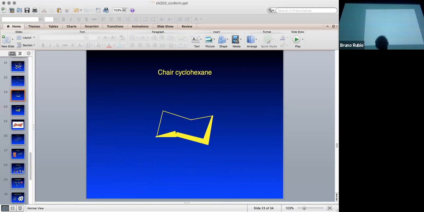But now, finally, and at last, we have gotten to the granddaddy of the rings, and this is cyclohexane. So now we're going to talk about cyclohexane.